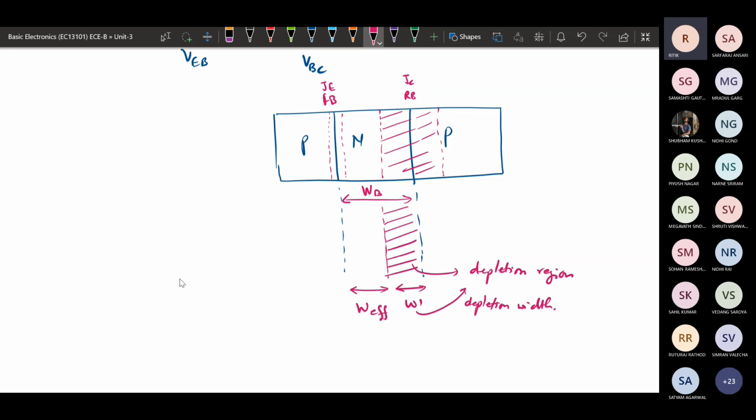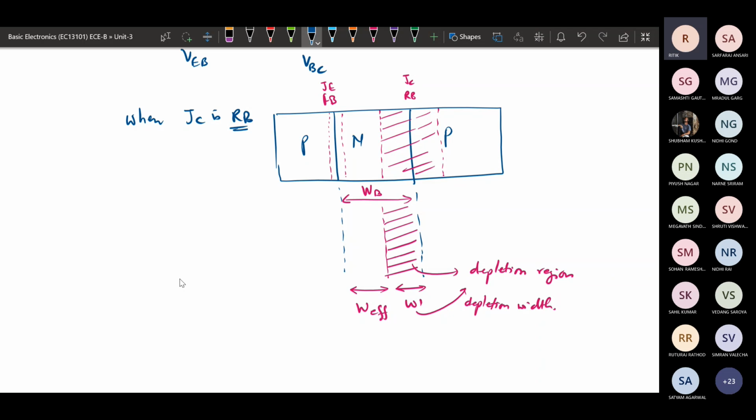So this is the case when JC is reverse biased. When we apply reverse bias to the collector junction, this will be the case.